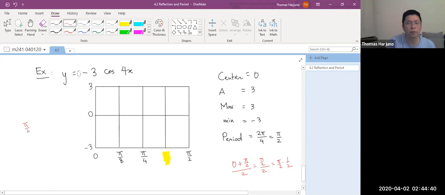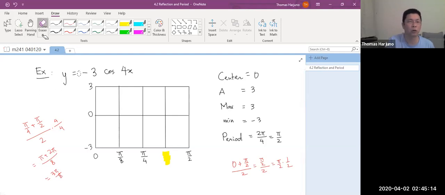So pi over 4 plus pi over 2, all over 2. Now I will multiply the top and the bottom by the LCD, because you see that's a complex fraction, right? One way to do it is multiply the top and the bottom by the LCD. I get pi plus 2 pi over 8. That's 3 pi over 8. Now, if you're not used to doing it that way, you may need to do it a bit longer.